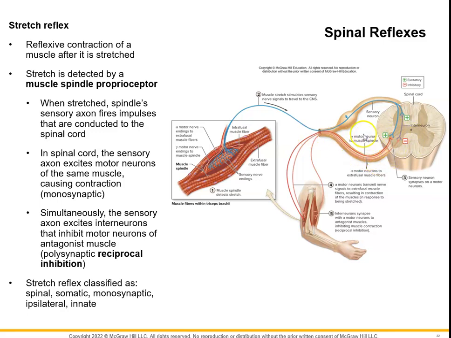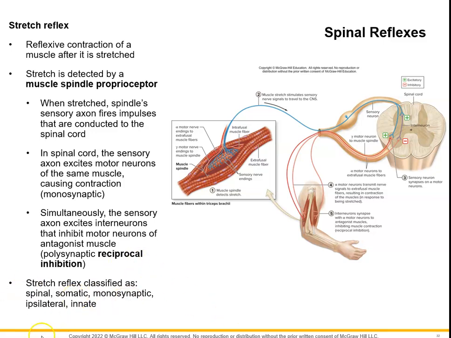So the motor neurons excite muscles, causing contraction on the same side of the body where the muscle was stretched. Now, this is a monosynaptic pathway. Now, at the same time this is happening, the sensory neuron is also going to excite interneurons that are going to prohibit muscles from contracting that are antagonistic. Okay, so we call that polysynaptic reciprocal inhibition. Boy, that's a heck of a term, isn't it?